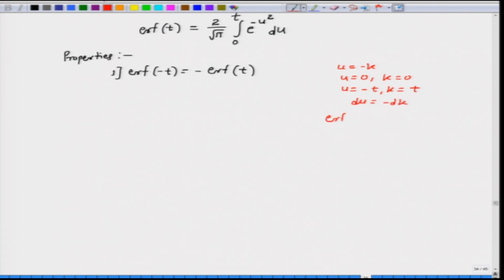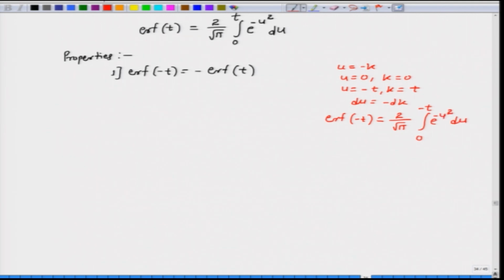So, if we define erf(minus t), it should be 2 over root pi integral 0 to minus t of e to the power minus u square du.